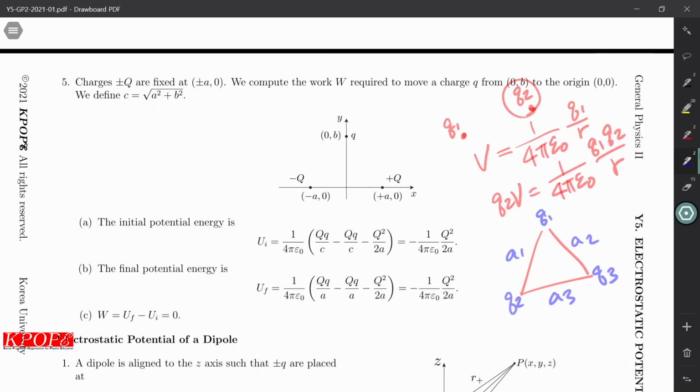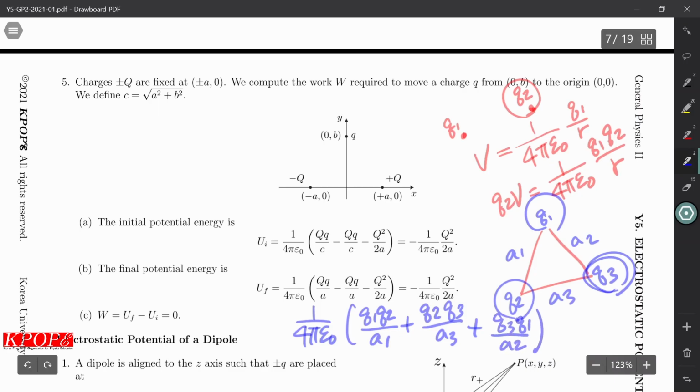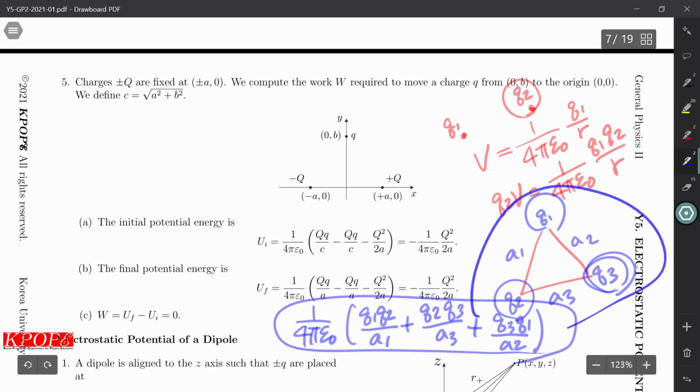The electrostatic energy of the whole system is 1 over 4 pi epsilon 0 as a common factor. Here, Q1, Q2 has the distance A1. Q2, Q3 has the distance A3. And Q3, Q1 has A2. This is the electrostatic energy of this three-body system.